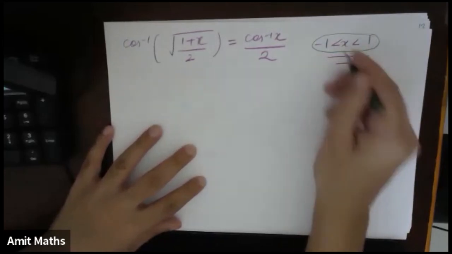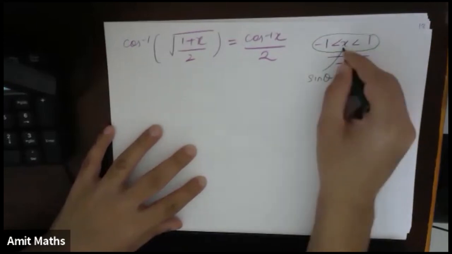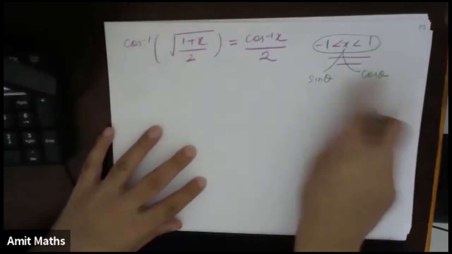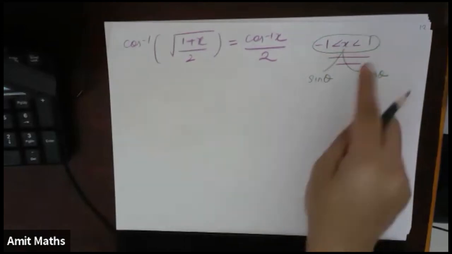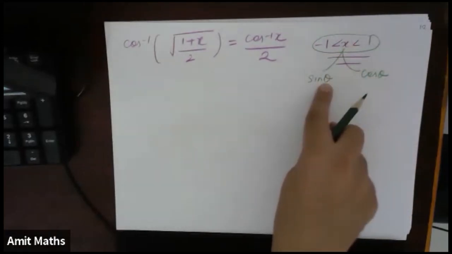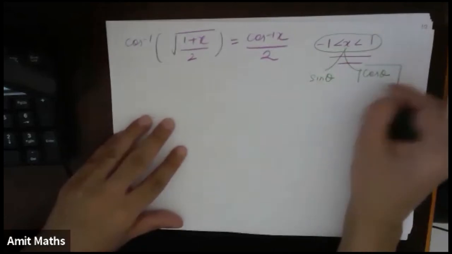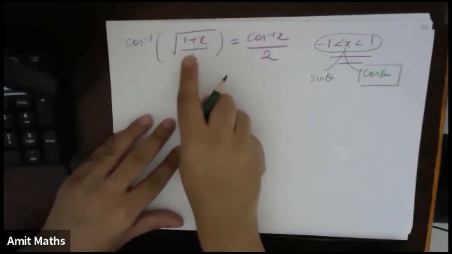I can use x as sine theta or x as cos theta, because both have the same range as x. So here the best way is x equals cos theta. Why will I use x equals cos theta? Because we have 1 plus x by 2.